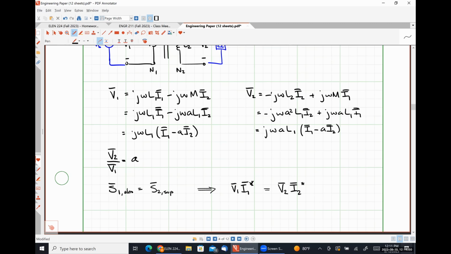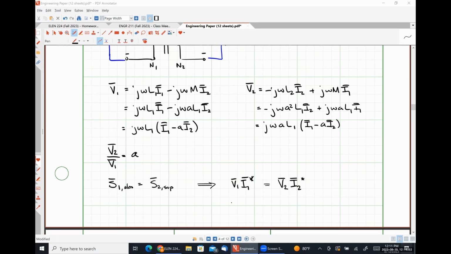So if I took the ratio of I1 to I2, that would simply give me V2 over V1, which is nothing more than 1 over a.